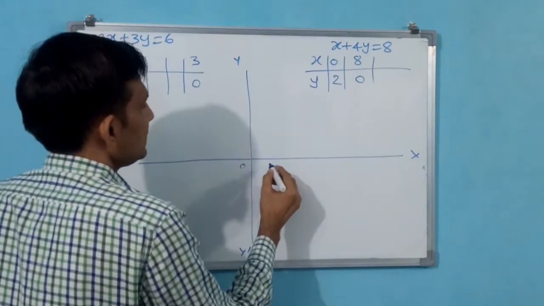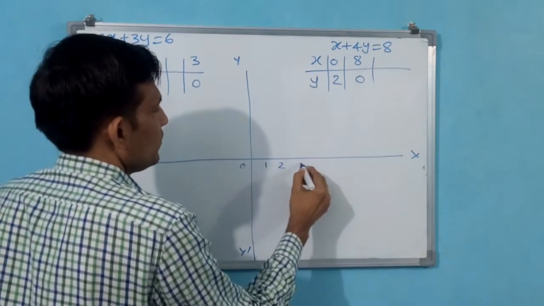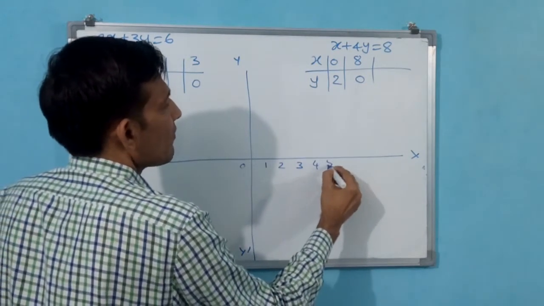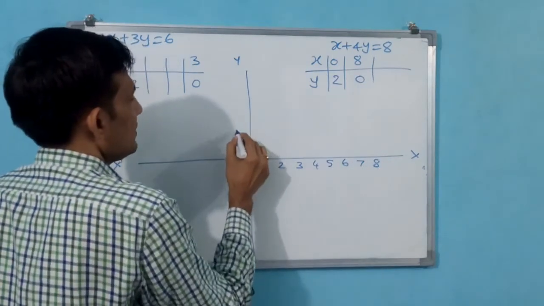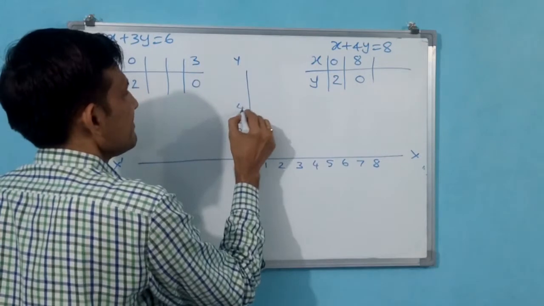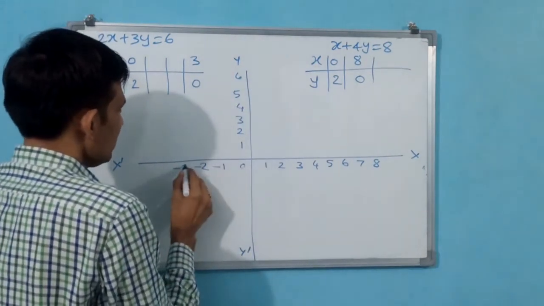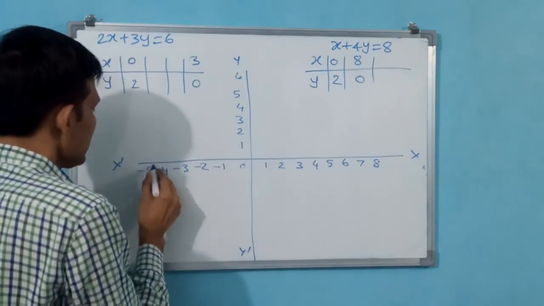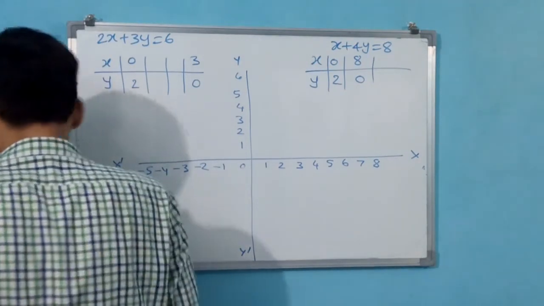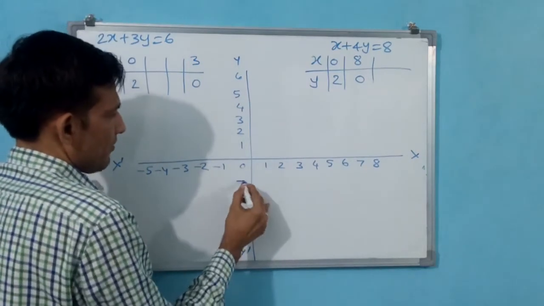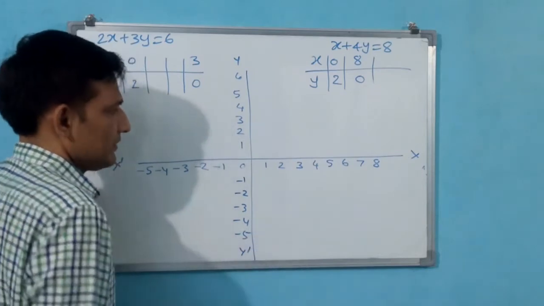Origin 0. 1, 2, 3, 4, 5, 6, 7, 8. 1, 2, 3, 4, 5, 6. Minus 1, minus 2, minus 3, minus 4, minus 5. Minus 1, minus 2, minus 3, minus 4, minus 5.